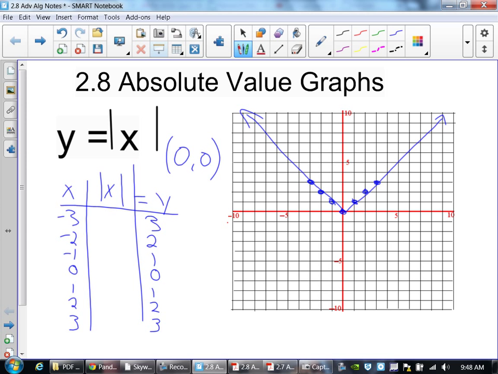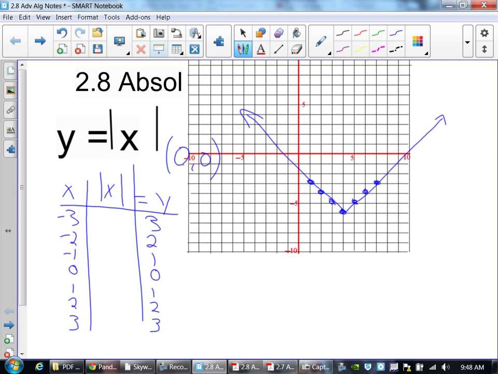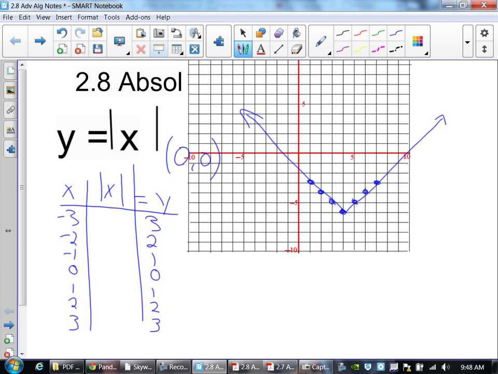What changes is where it is located or the slopes. There's some scale factor that changes it, so they become skinnier or fatter, depending upon how wide they open. But every single absolute value graph will always look the same.